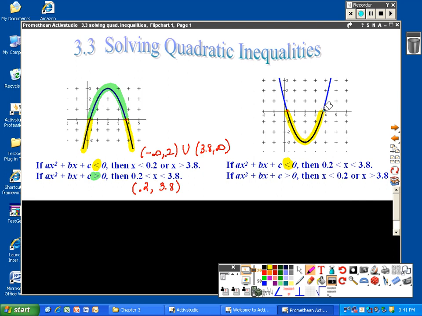So it is the x values from 0.2 through 3.8. The next question asks, where is the function greater than 0? The graph goes above this y equals 0 at this point and at this point. So it is the x values to the left of 0.2 and to the right of 3.8.